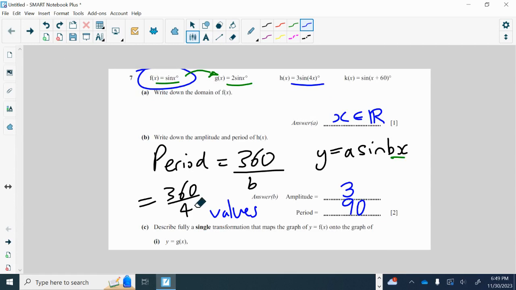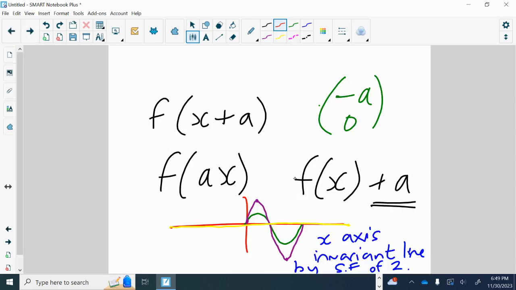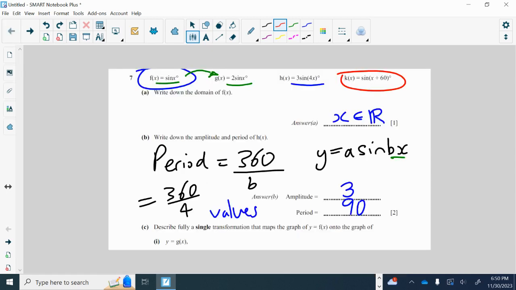Oh, okay. Describe fully a single transformation that maps y of f of x, so this one, onto y of k of x. Well, that's actually pretty simple, but you have to recall what I was babbling on about before. It's inside the brackets, so it's affecting the x values, and it does the opposite of what you think. So plus 60 means it shifts left by 60.